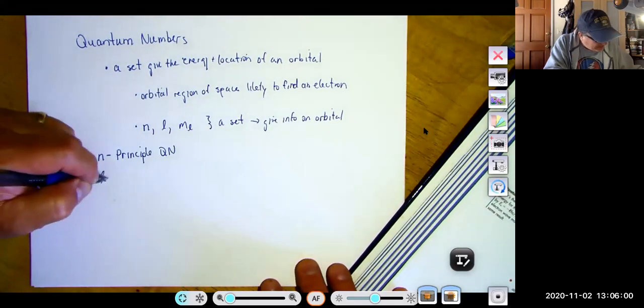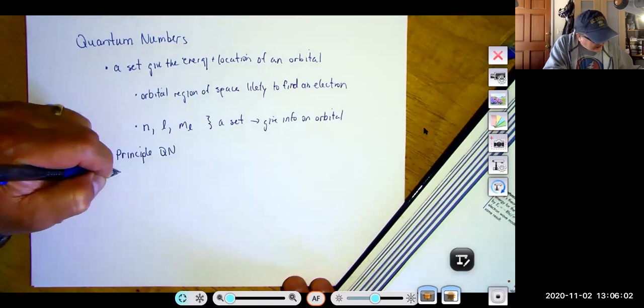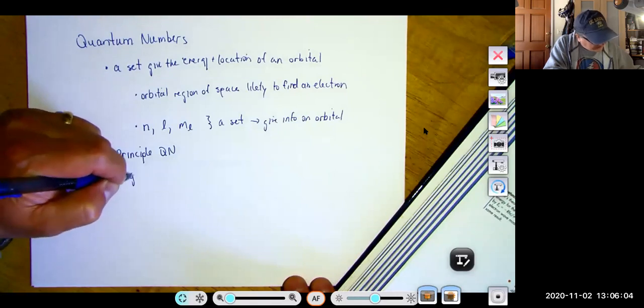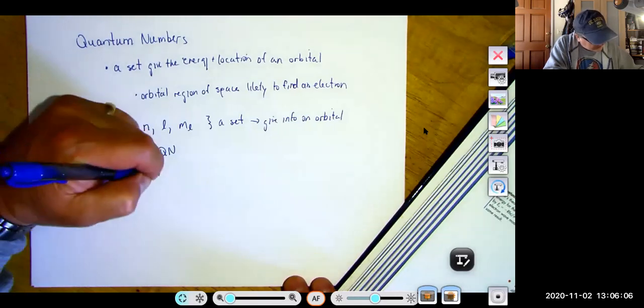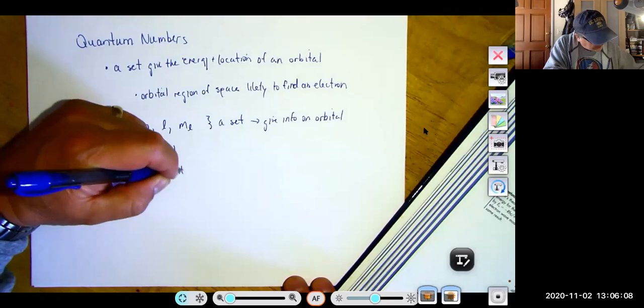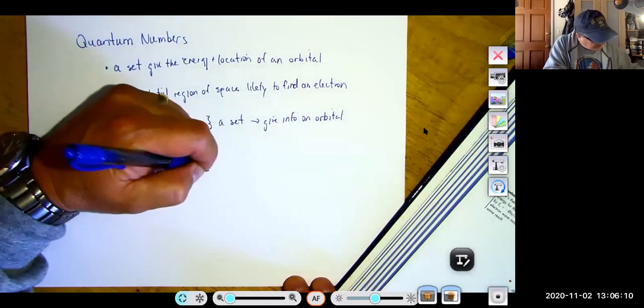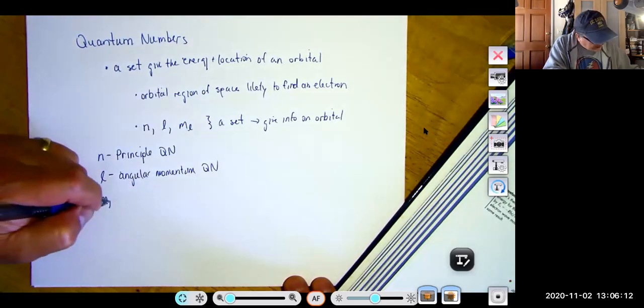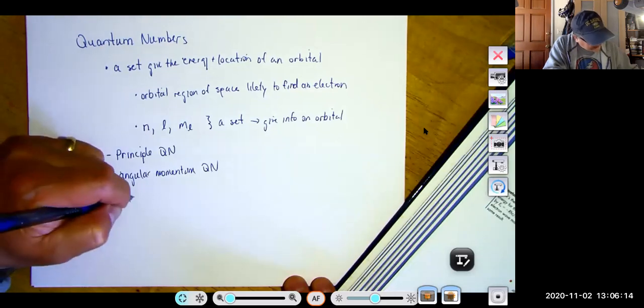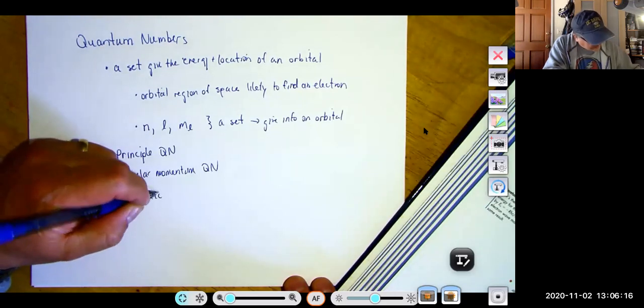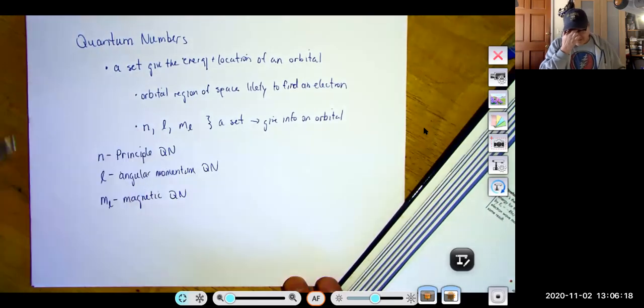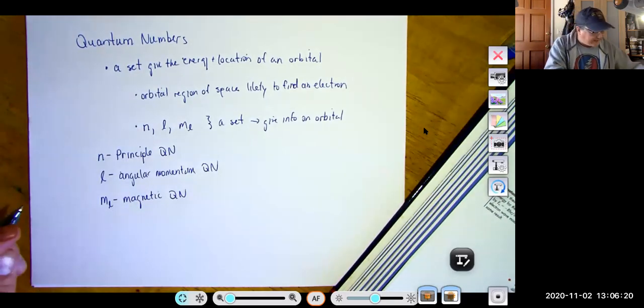L is the angular momentum quantum number. And M sub L is the magnetic quantum number.